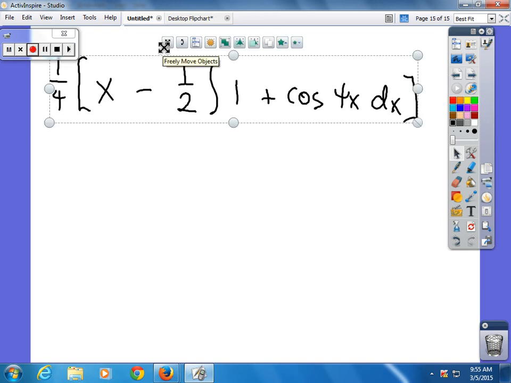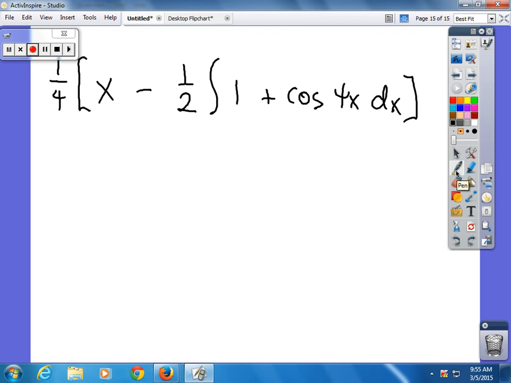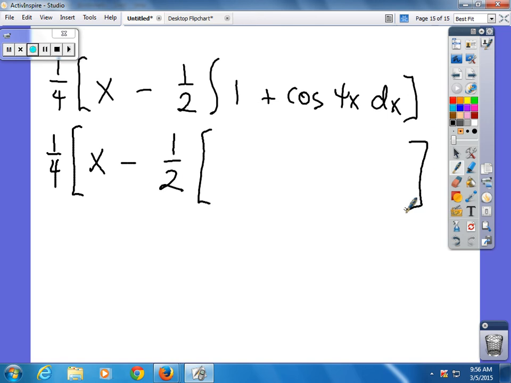So that'd be 1/4 x minus 1/2, and then I'm going to put brackets here, and the antiderivative of 1 dx plus the antiderivative of the cosine of 4x dx.